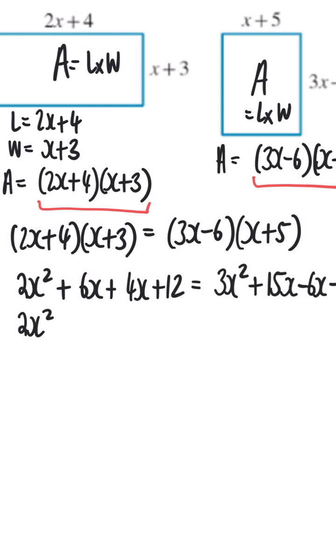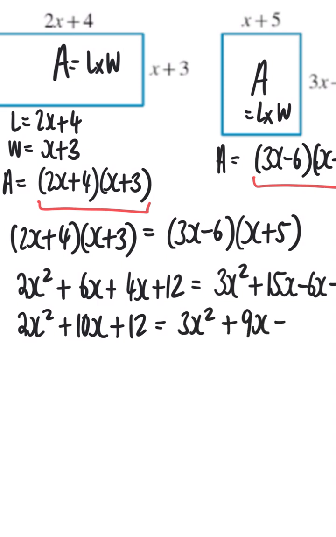Let's just simplify this a little bit. 2x squared plus 10x plus 12 is equal to 3x squared plus 9x minus 30. Now I can move everything to the left hand side, collecting my like terms, and set it equal to 0. So what I mean is I'm going to subtract this from both sides to get rid of it.